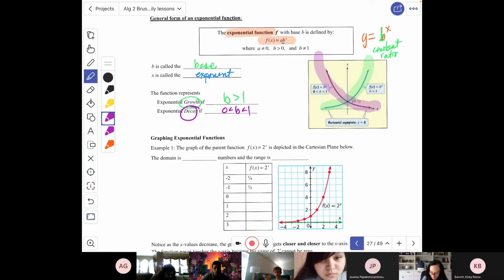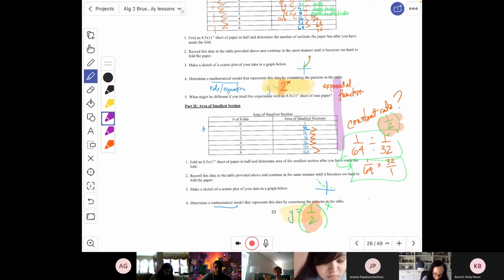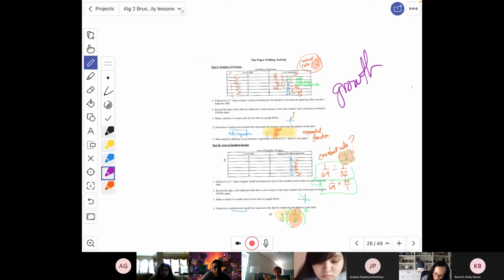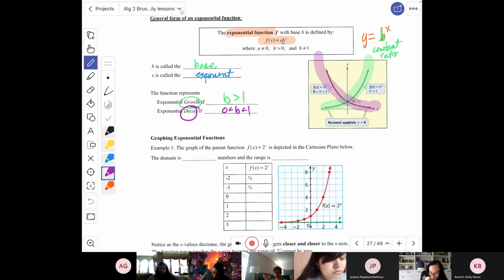So if we go back to this example, this one was exponential growth, because the base was 2. This is exponential decay, because the base was a proper fraction. So you should be able to get a table of values now and determine whether or not it is exponential, and more so if it's exponential growth or decay.